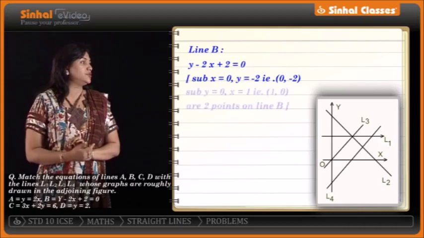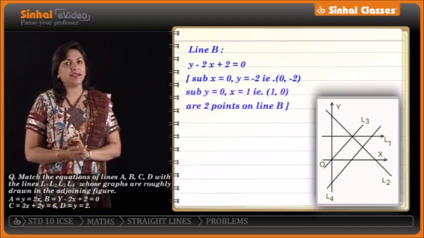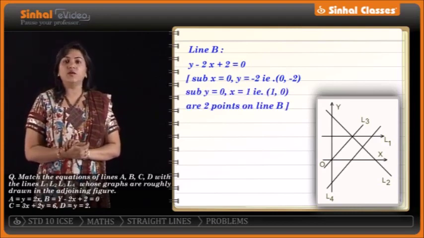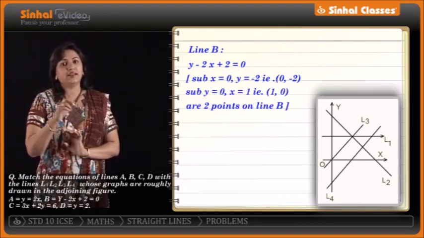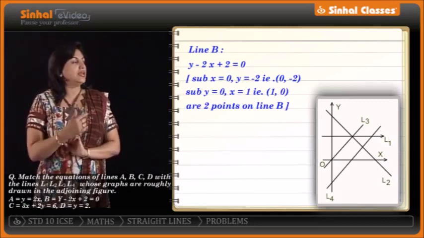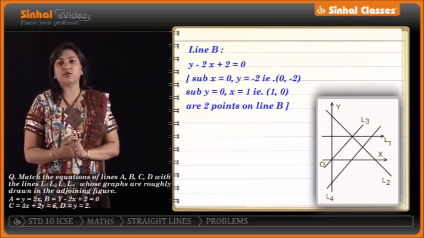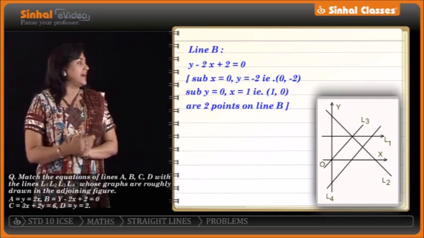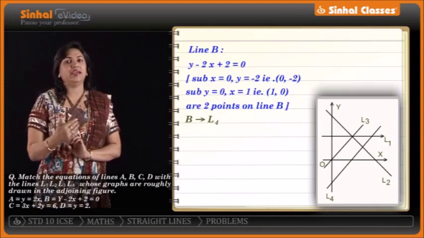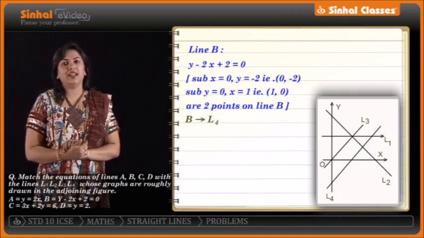Now we substitute y as 0 and get x as 1. That is, the point (1, 0) lies on this line. Now look in the figure, on which line do you see that the point (1, 0) and (0, -2) can lie? That could be line L4. So line B is nothing but line L4.